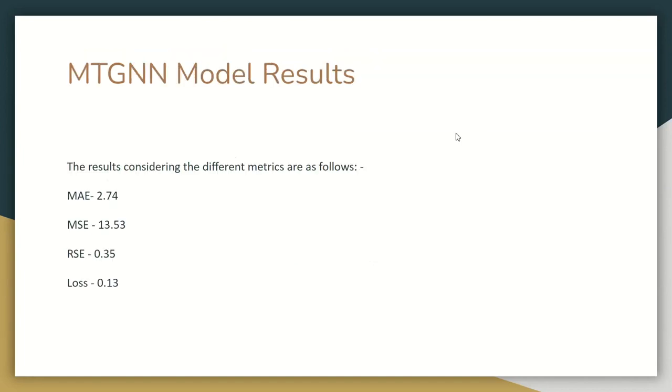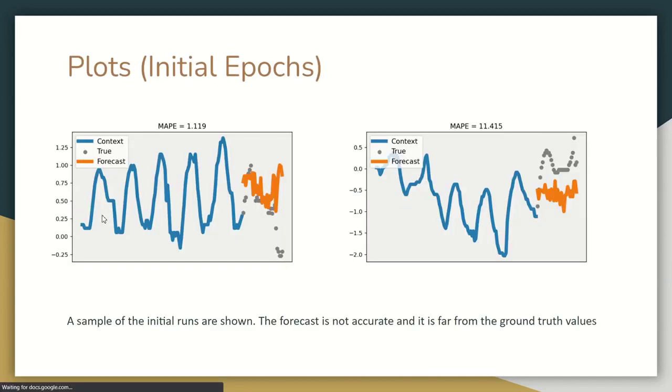So the training of that particular model gives us these particular results, which are pretty good. Loss 0.13, root square error is 0.35, mean square error 13.53, MAE 2.74. And we can also say this pictorially by looking at the initial epochs where the learning is very random.